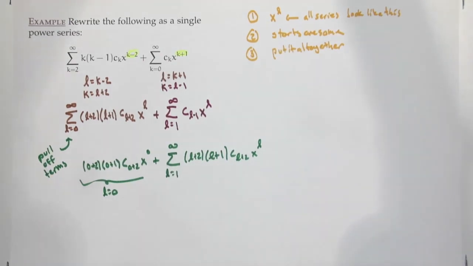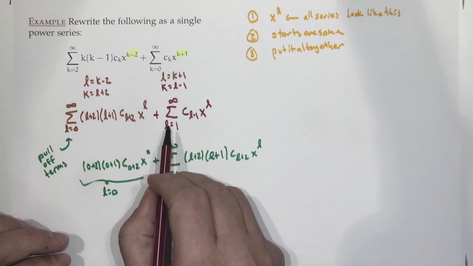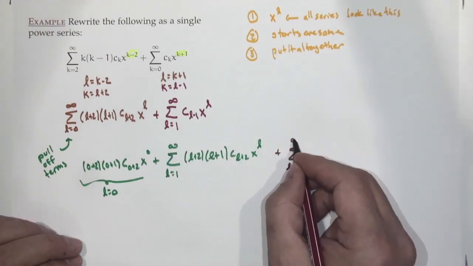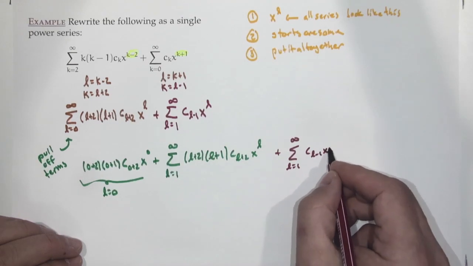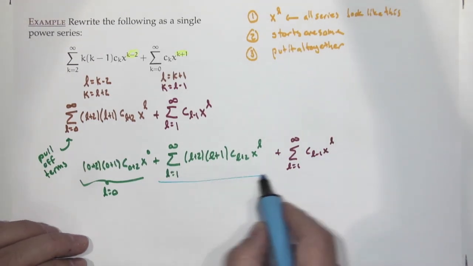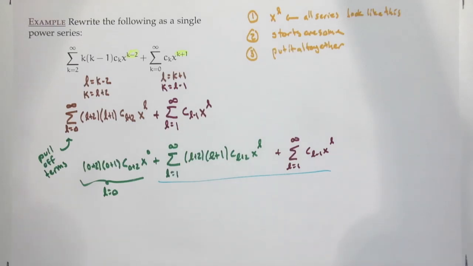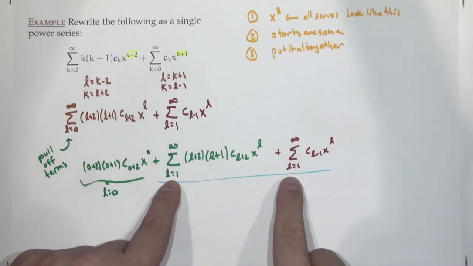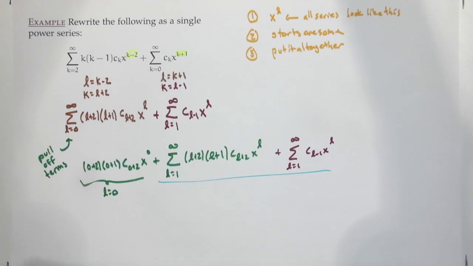Now on the second sum, what do I do? Just leave it as is. All right. So, when it comes to the sums, are these ready to be put together? The x to the L's match, the starts match, I'm ready to go. Those are the two things I have to check.